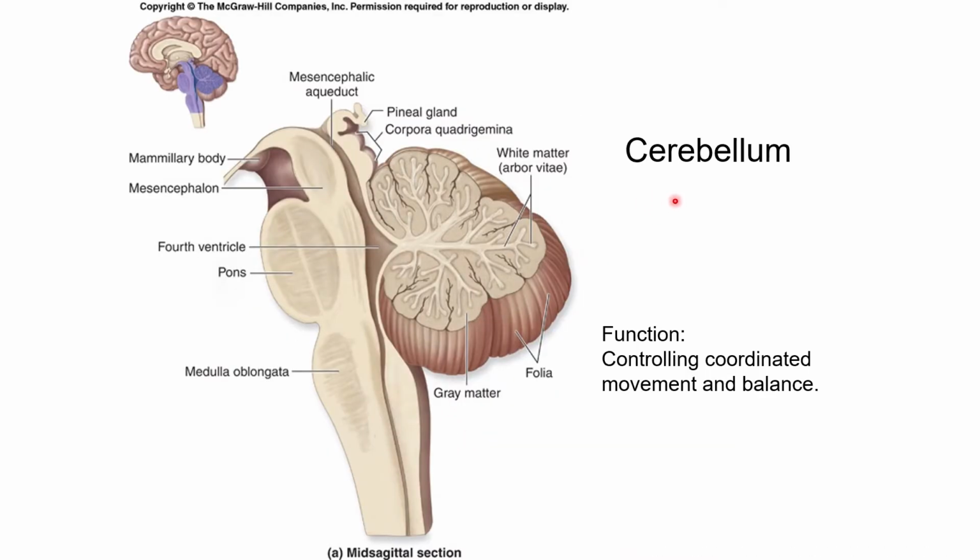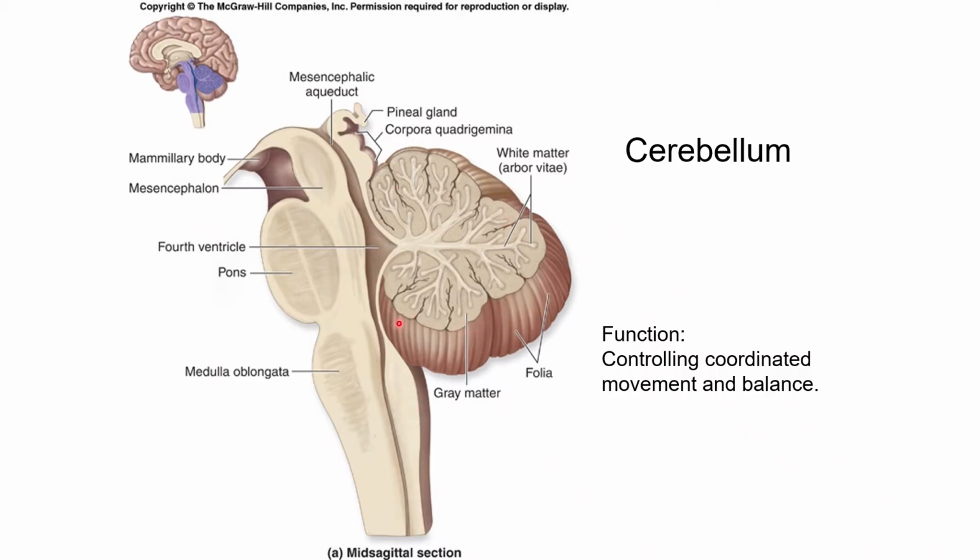The third part of the hindbrain is the cerebellum, the small structure here towards the back side and the ventral side of the brain. This is zoomed in here. This is what it looks like. Now this structure is involved in control of coordinated movements and maintaining balance in the body. So if you're walking or running, these neurons are being used.